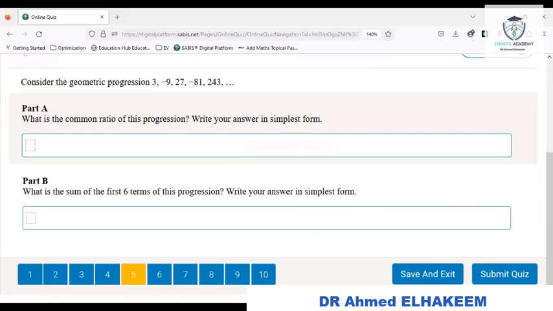By the way, on Saturday and Sunday we will have 2 sessions. Saturday will be in the early morning, and it's important. And on Sunday also 2 sessions because Monday will be the exam. Tomorrow we will work on set 5.